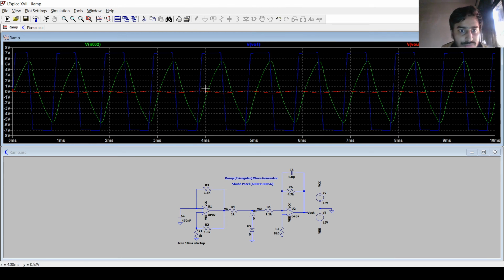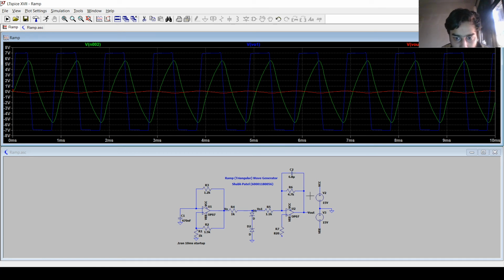We have to just focus on these blue and red color waveforms. This blue waveform, which is the square waveform, will be produced after the astable multivibrator, at this position.